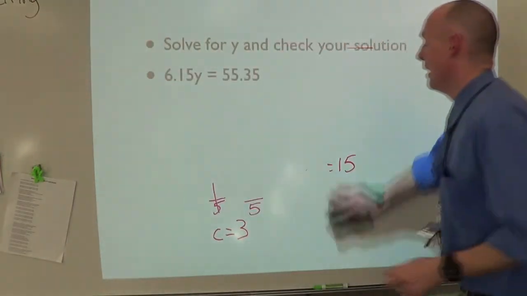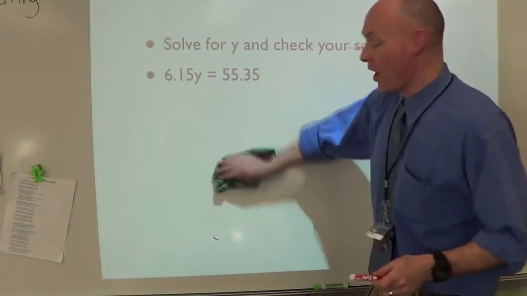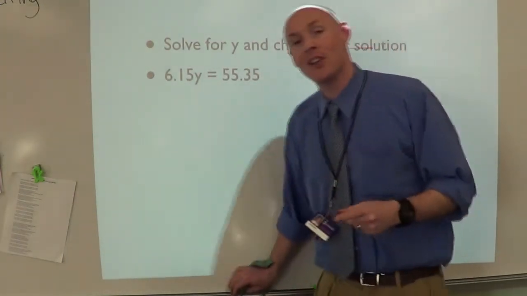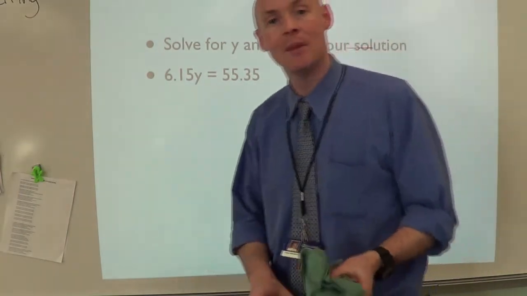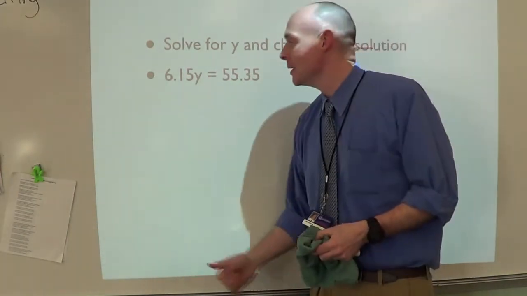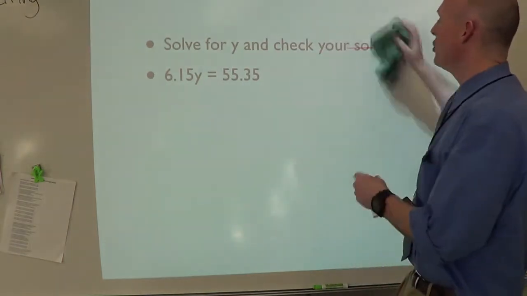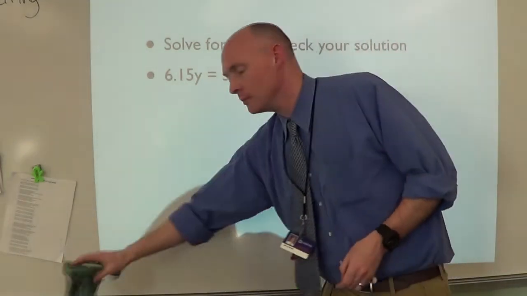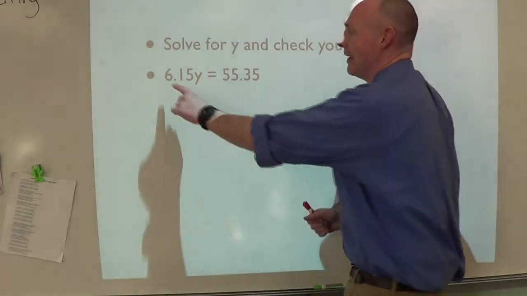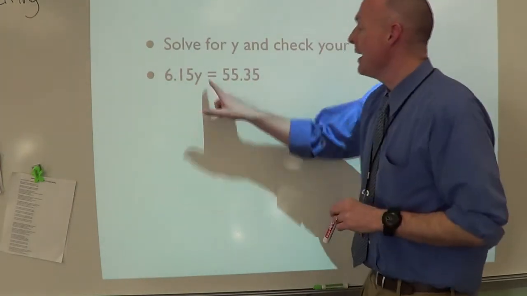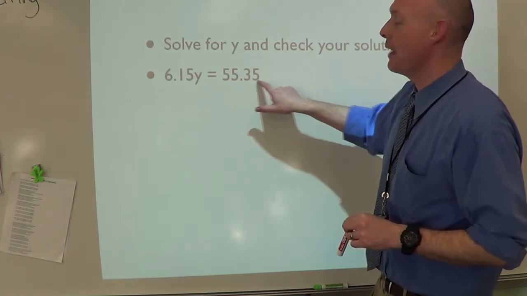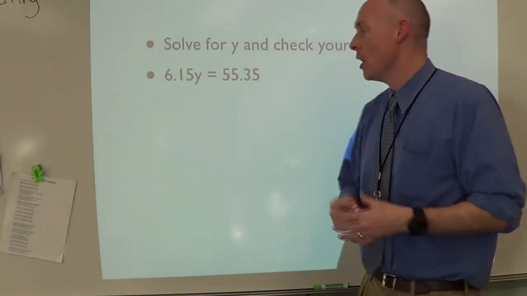Okay. Now some of you, when you saw the original problems, could probably do it in your head, but to be honest with you, most of the problems you're not going to be able to do in your head. And here's an example. Solve for y and check your solution. Got to use the inverse. 6 and 15/100ths times y equals 55 and 35/100ths.